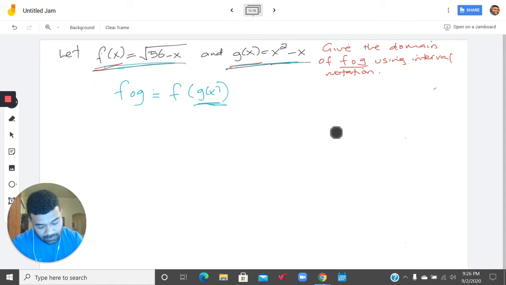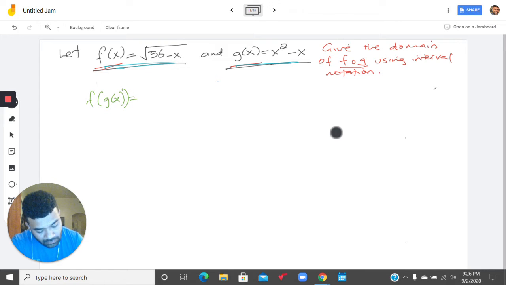Now let me just wrap that. If we continue, we will have f of g of x, which will be f of x squared minus x, and I need to substitute this value in place of that x right there.